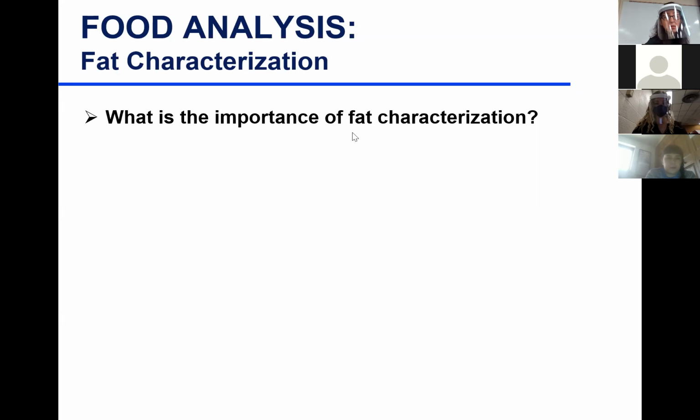So many different reasons for fat characterization. Okay, so we'll go over a few here. Yeah, determining packaging type is really important too, I see in the chat, because the permeability of oxygen can be a potential for enhancing or reducing lipid oxidation. Okay.